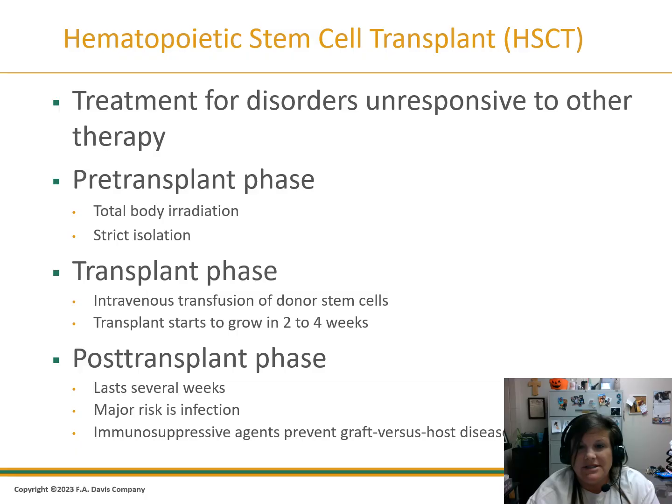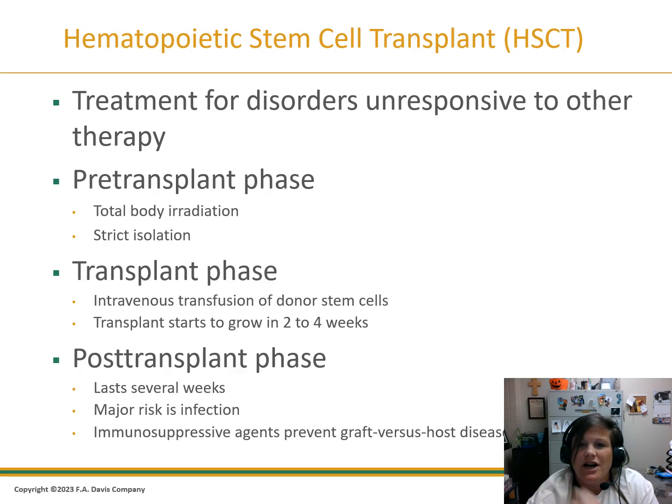The patient that's going to experience this will have total body irradiation, which means that the treatment is directed at destroying circulating blood cells and the diseased bone marrow. This patient's also going to be in a negative pressure environment in that pre-transplant phase.